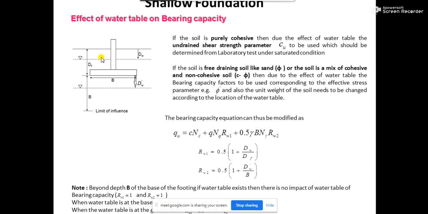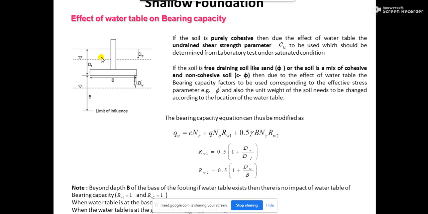So instead of using the actual unit weight of soil, by using this interpolation function, which is nothing but Rw1 and Rw2, you are reducing the unit weight of soil and nearly going to an approximation of the reduction of the unit weight of soil. That is what Rw1 and Rw2 are actually doing.